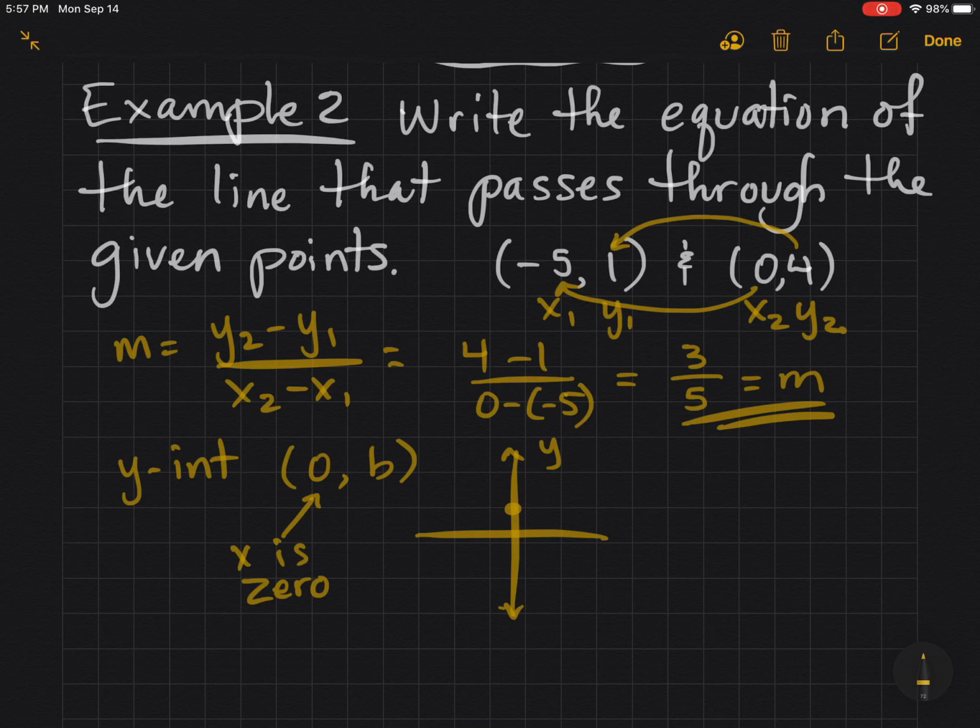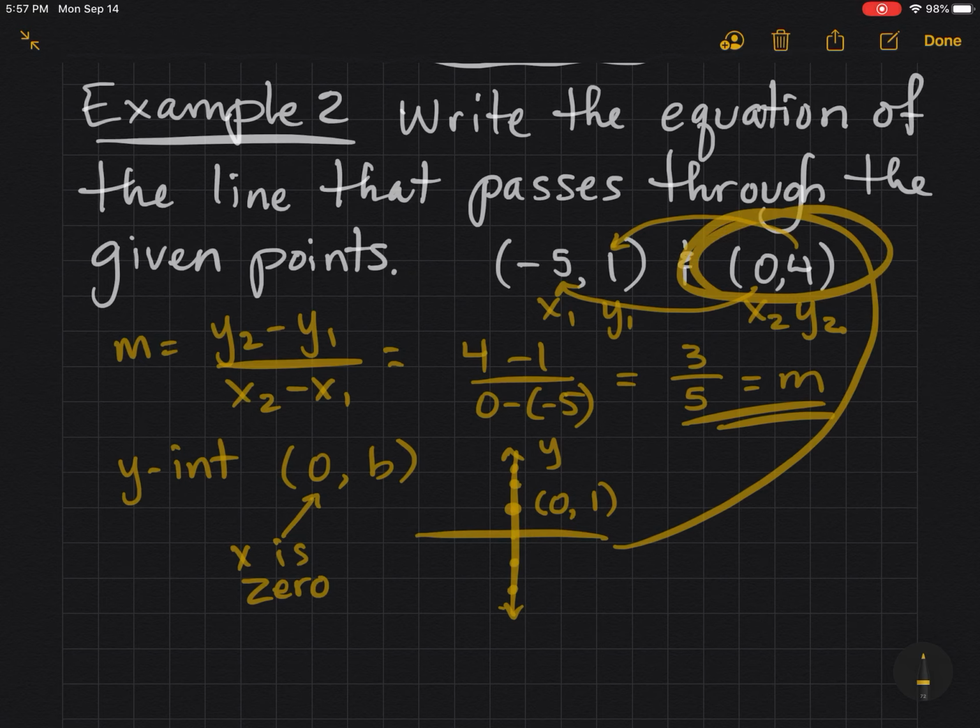So for example, if that's 1, that would be over 0, up 1. Notice x is always 0 for any point on the y-axis. So, with that being said, this is my y-intercept, and therefore, b equals 4.